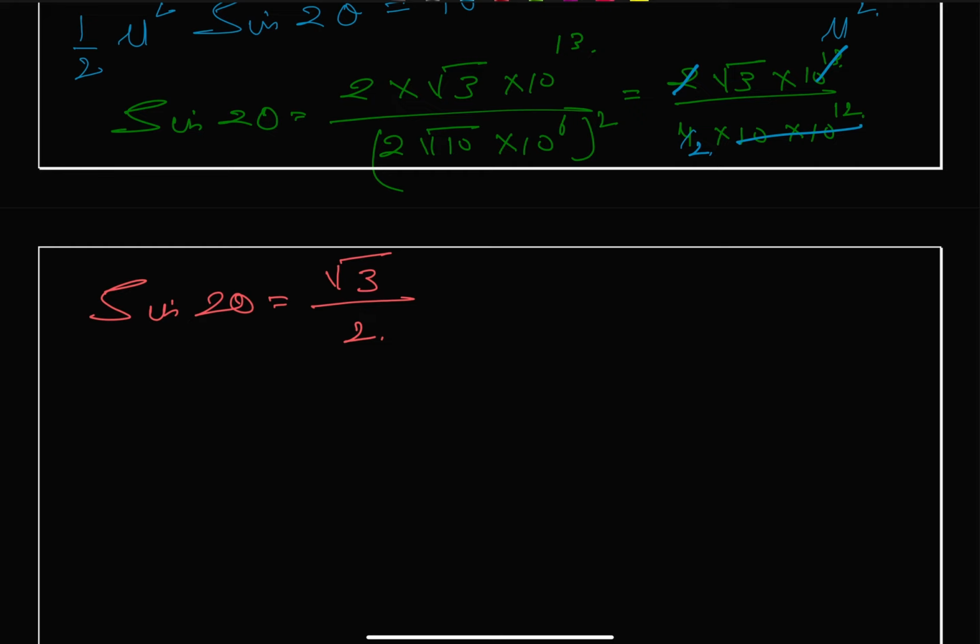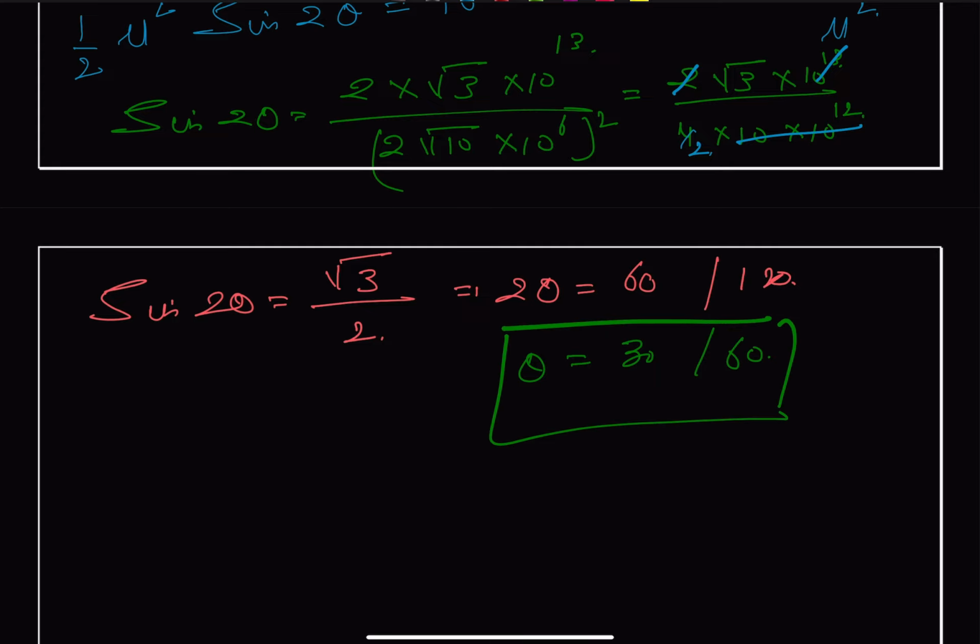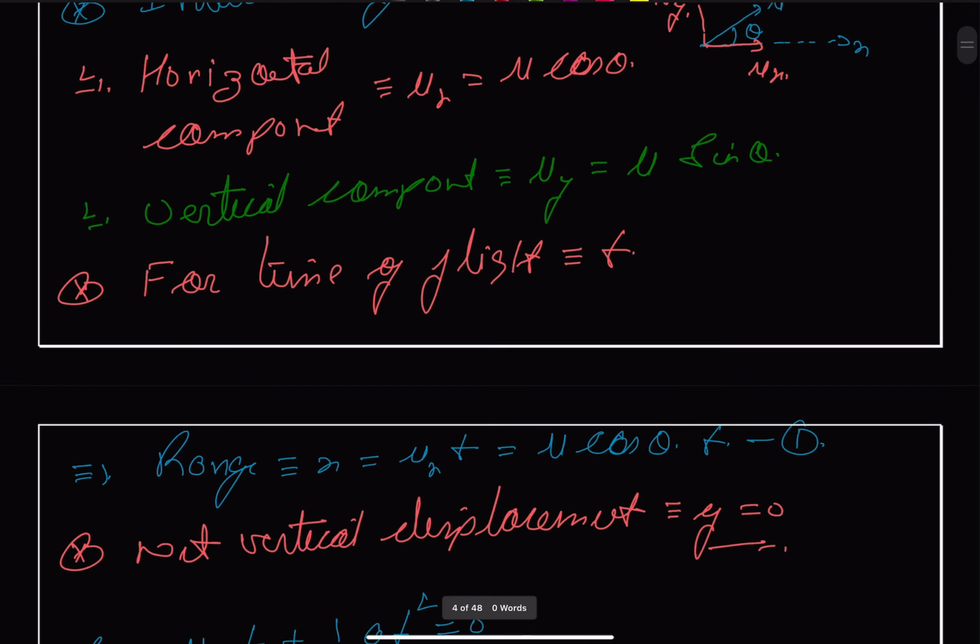From here we can get the two values of 2 theta first of all. So we get 2 theta is equal to either 60 or 120. So from here we get theta will be either equal to 30 or 60. Okay, so the value of theta is either 30 or 60.